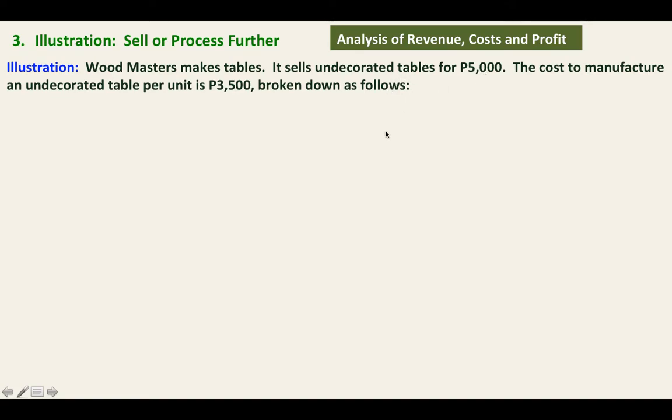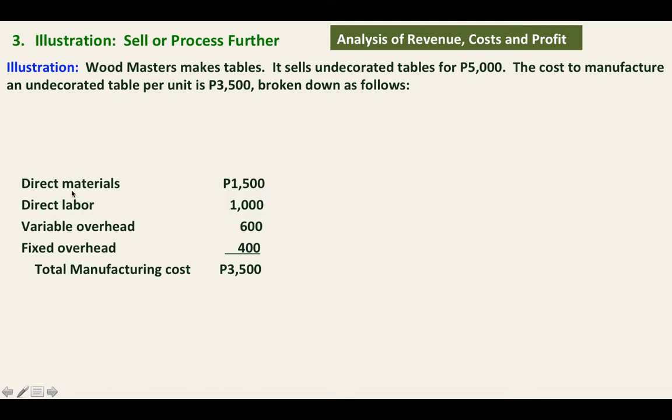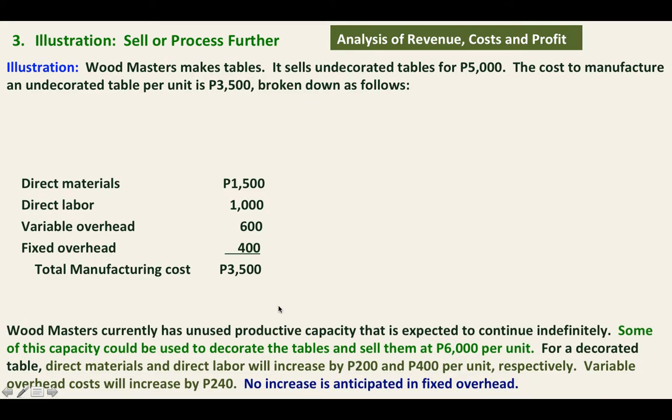The cost to manufacture an undecorated table per unit is 3,500, and the breakdown of this 3,500 is as follows: direct materials of 1,500, direct labor of 1,000, variable overhead of 600, and fixed overhead at 400 for a total of 3,500 per unit. These are the given cost.